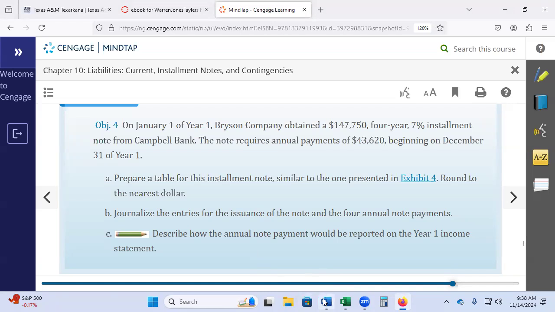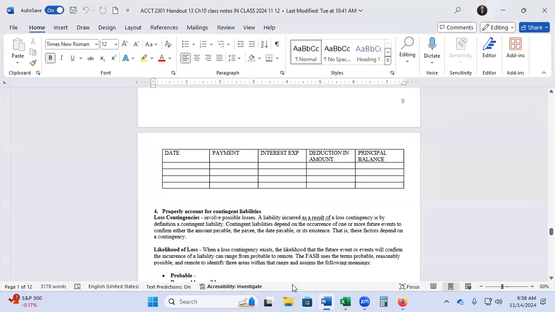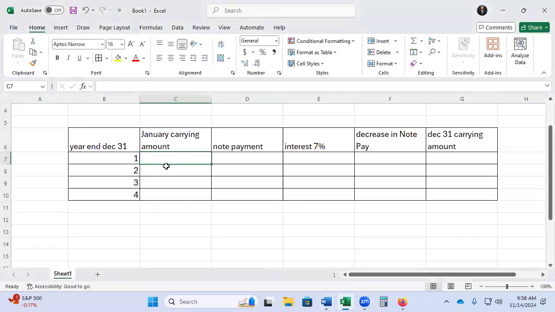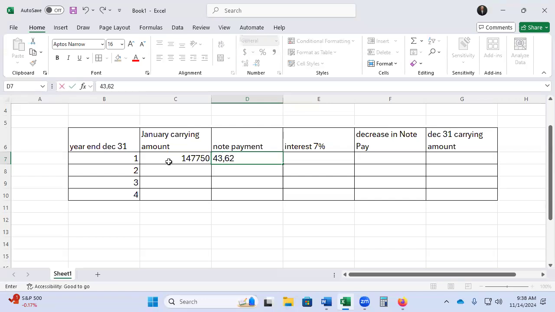So we're looking at it at the end of the year. Our carrying amount is 147,750, and the note payment is going to be $43,620.